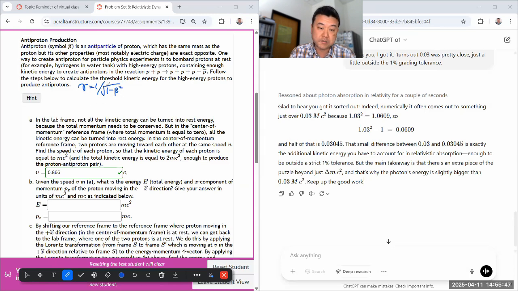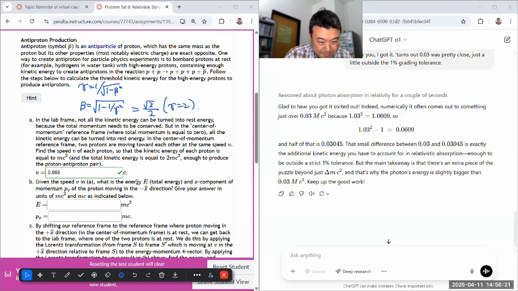And the inverse of this is beta equals the square root of 1 minus 1 over gamma squared. So when gamma is 2, this is 1 over 4, so the square root of 3 over 4, which is root 3 over 2. I happen to have it memorized to the third significant figure because I've seen it so often.